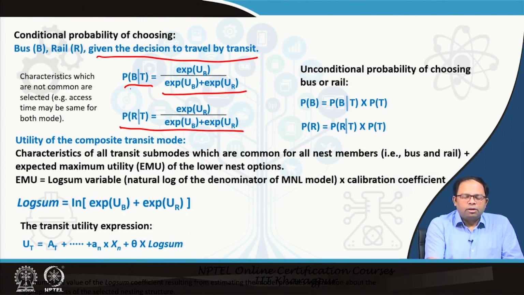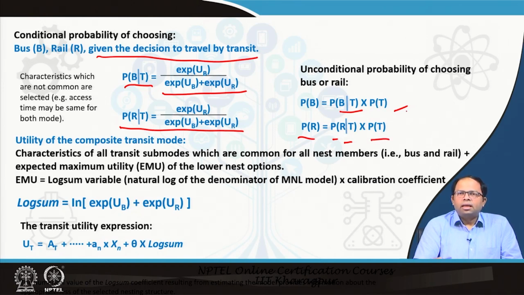And once we have got the values for this, then this is the conditional probability, conditional to choosing transit. The unconditional probability of bus is the probability of B given T into the probability of T, which is the standard formula, and the probability of R is the probability of R given T, that is R given the decision to travel by transit, into the probability of transit.